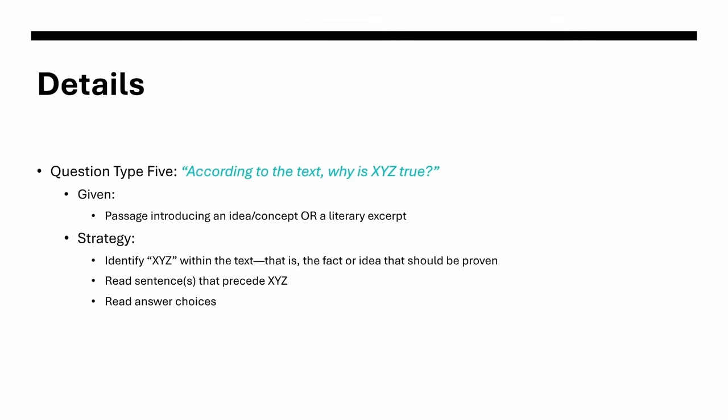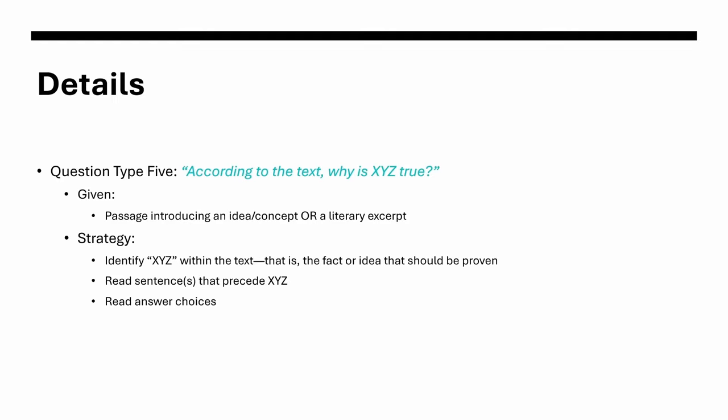Then I'm going to reread the sentences that precede XYZ, because they're going to provide us with some valuable context, some valuable information. And then I'm going to read the answer choices. All right, because those sentences that precede XYZ are probably going to explain why it's true or more about it. And then with that information, I'll be able to read the answer choices and get the correct answer.